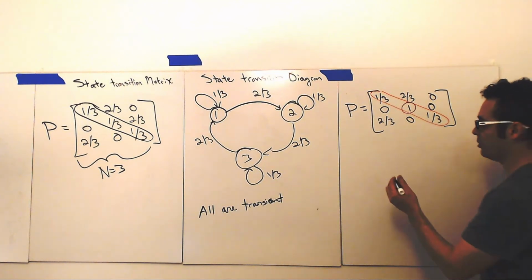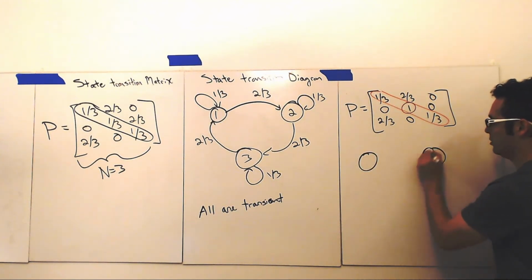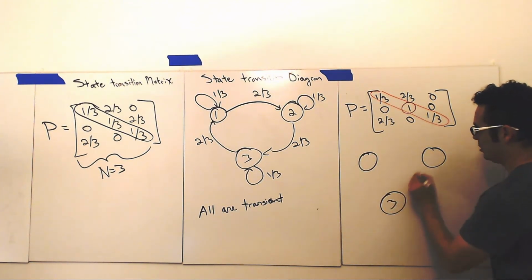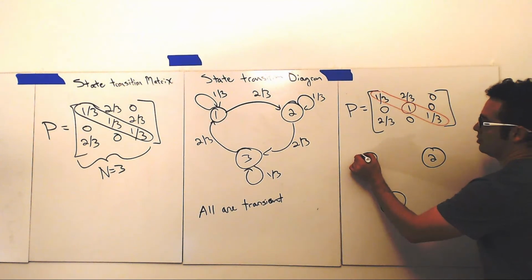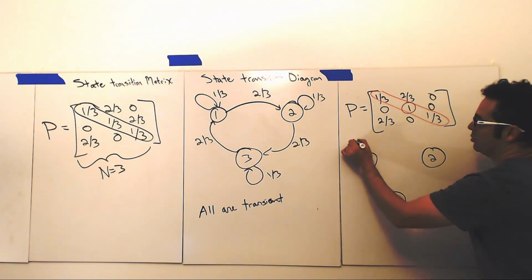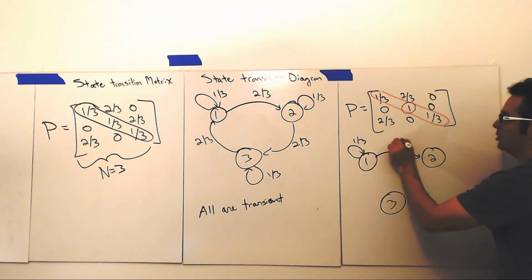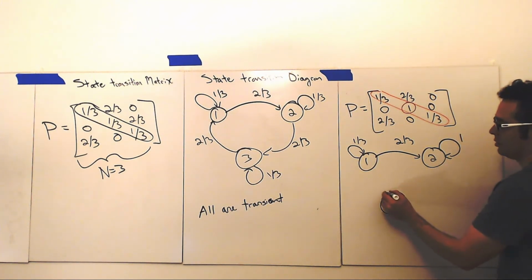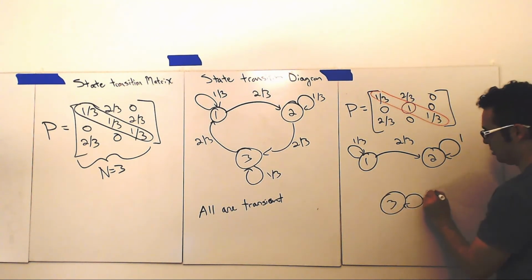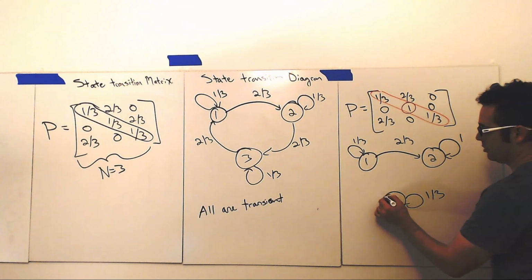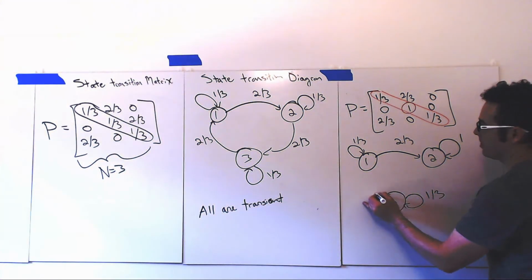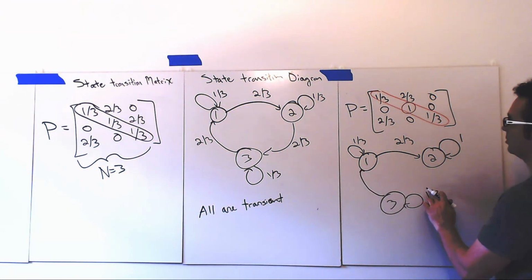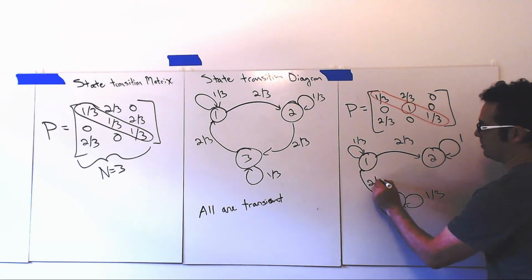Now, we can certainly draw the diagram. We get 1/3, 2/3, 1, and then 1/3, and 2/3.